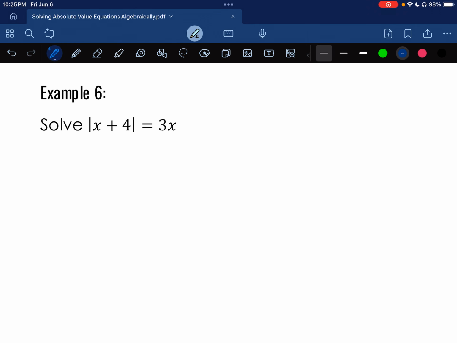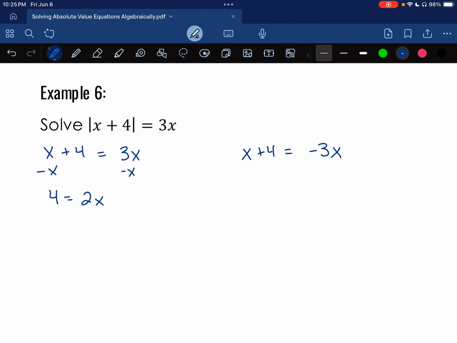So the absolute value expression is isolated, so we can set up our related equations that will look just like before. So I'll have x plus 4 equals 3x. This one will be x plus 4 equals negative 3x. So it still works the same. We're just putting the negative on the right hand side. Now we're going to solve. We like to make it variables on one side as soon as possible.